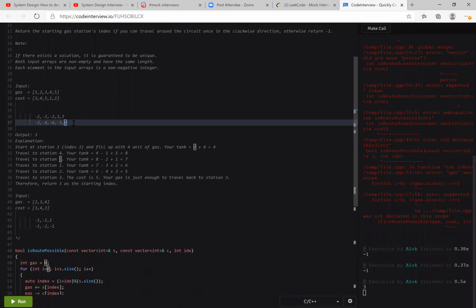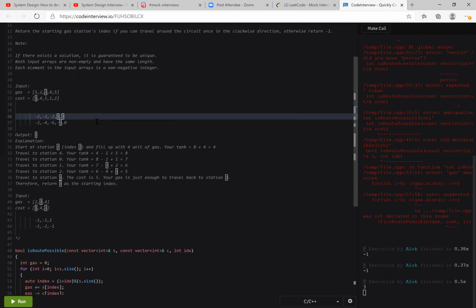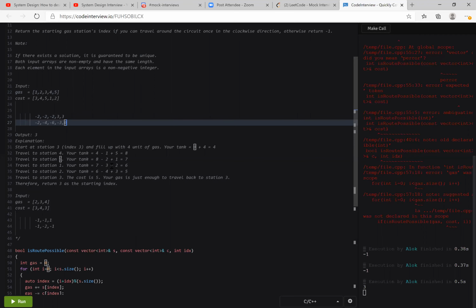This is -3. Here the deficit is... Start from the place where it's possible. Start from the first possible.